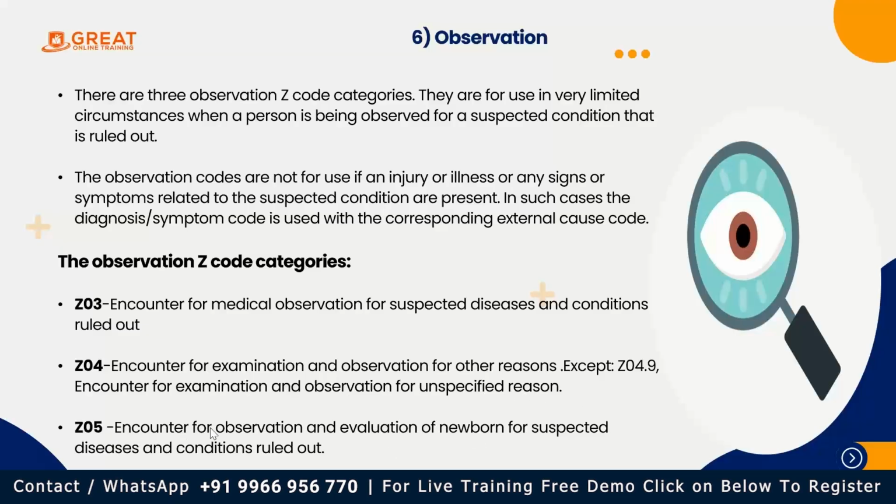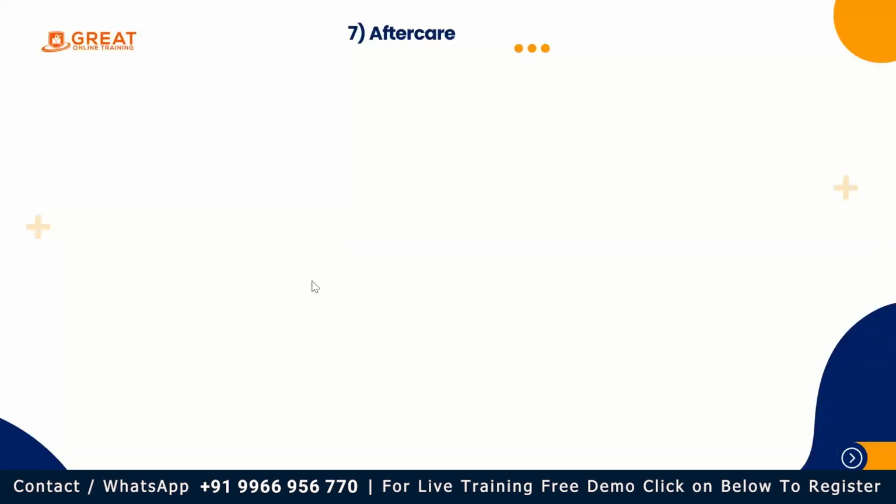Z05 is for encounter for observation and evaluation of newborn for suspected diseases and conditions. So these are the categories for observation Z codes. And please remember that if signs and symptoms are there, we have to code signs and symptoms only.